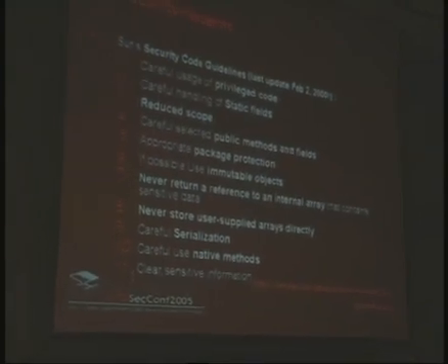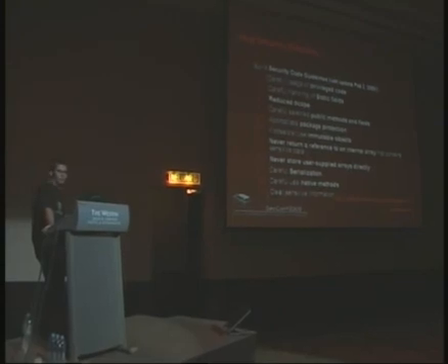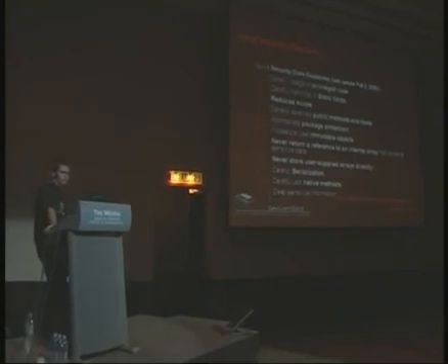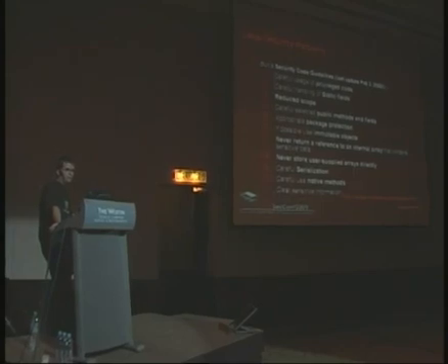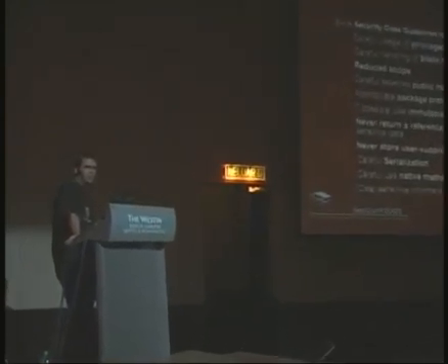You see from the last update from February 2, 2000, they did not do much work on this topic since then, but at least they give you these 11 guidelines: careful usage of privileged code, careful handling of static fields, reduce scope, carefully select your public methods and fields, appropriate package code protection, use immutable objects, never return a reference to sensitive data, never store user-supplied data directly, careful serialization, carefully use native methods, carefully clear sensitive information.